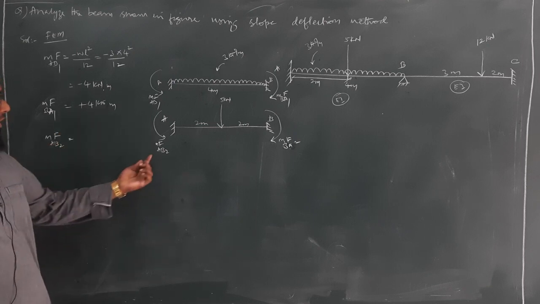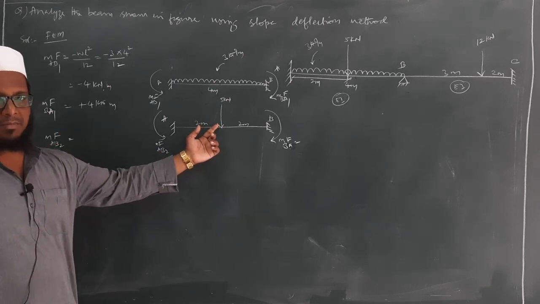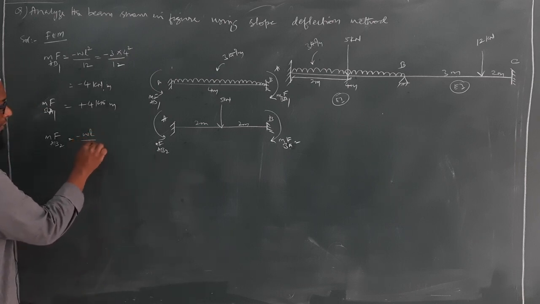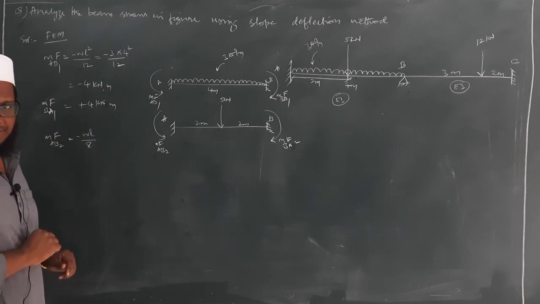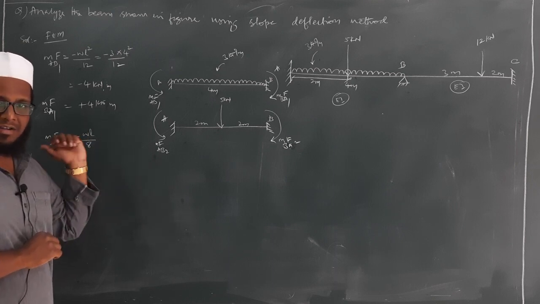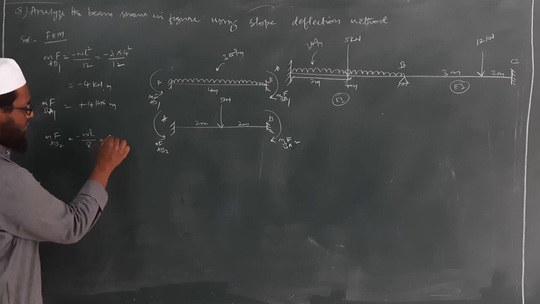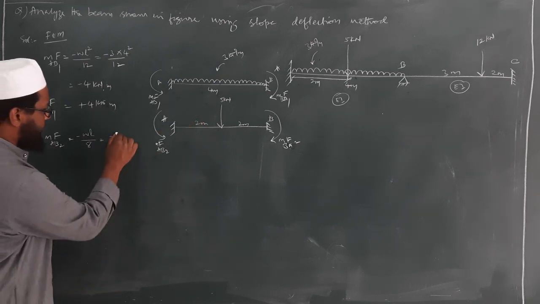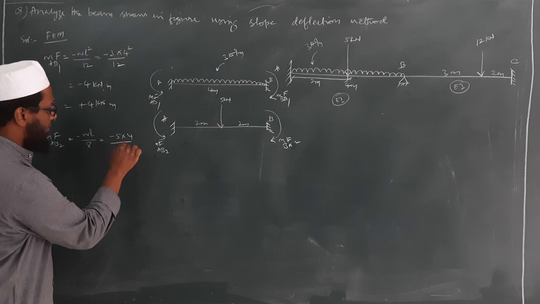Next, MFAB2. What is this one? Minus WL by 8. Fixed end moment is WL by 8, bending moment is WL by 4. So minus 5 into 4 by 8.